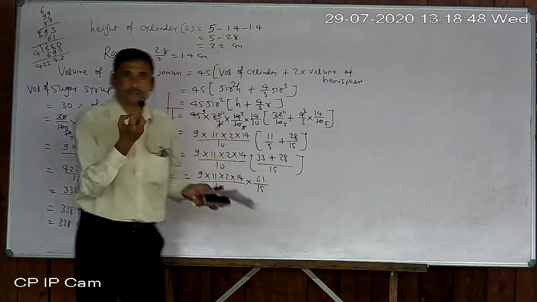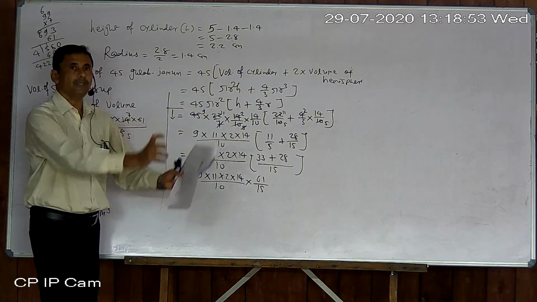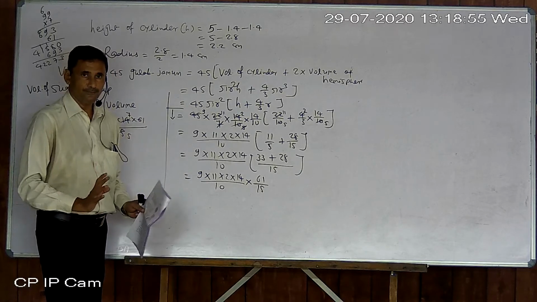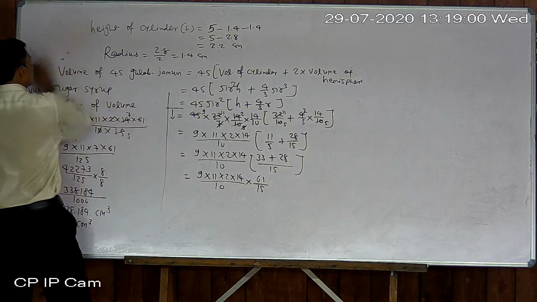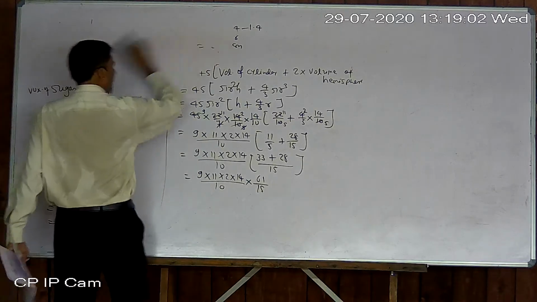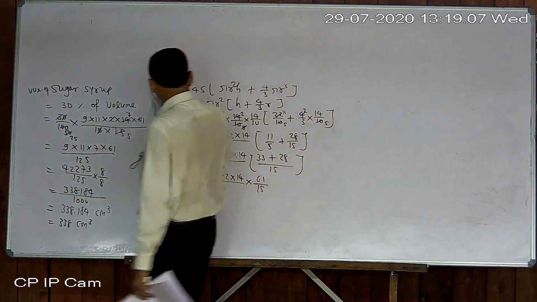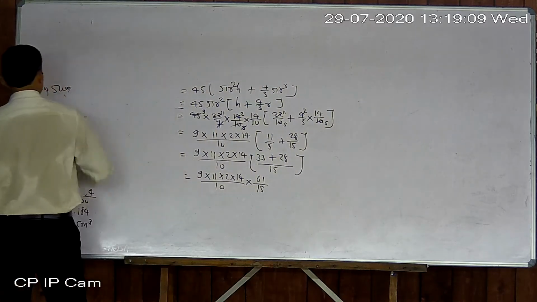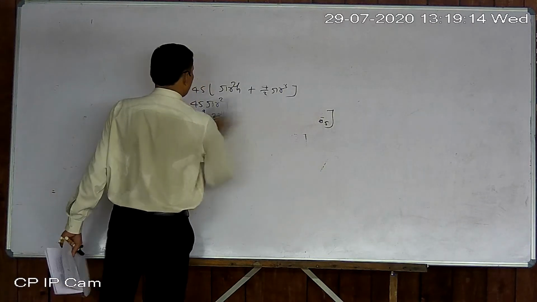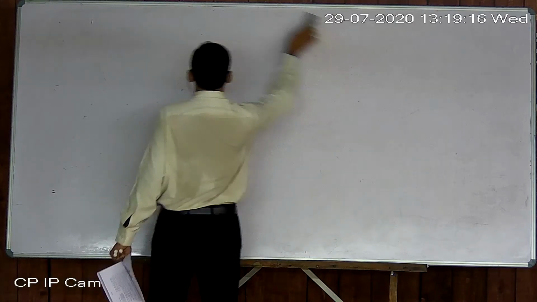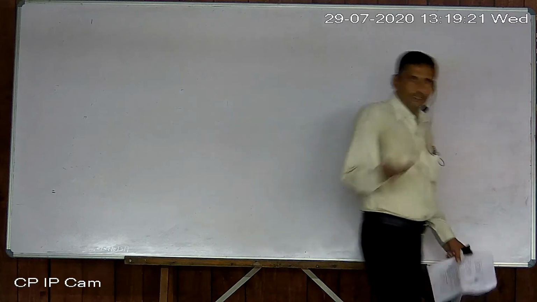So what is the volume of wood in the pen stand? Just subtract 4 cones from the cuboid. Look at the figure. So we first find the volume of the cuboid and then the volume of 4 cones, and then just subtract.